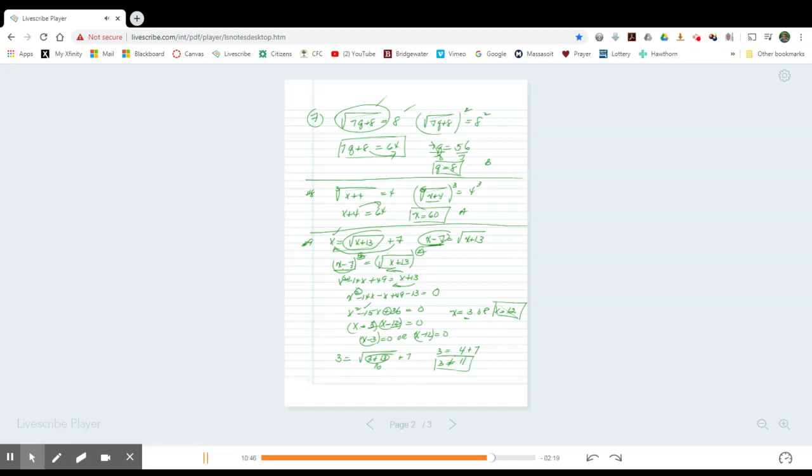Negative 4 plus 7 would indeed be equal to 3. So what have we learned here? You learned that in some cases when you square both sides, you need to check both answers, because letter A has the 3 and the 12, and in actuality, it was just letter D, the 12. So squaring both sides sometimes introduces what's known as an extraneous answer.